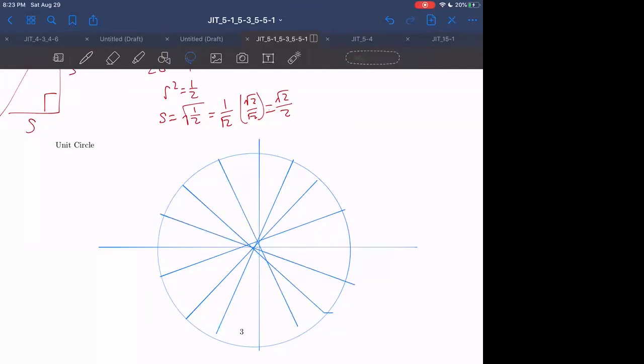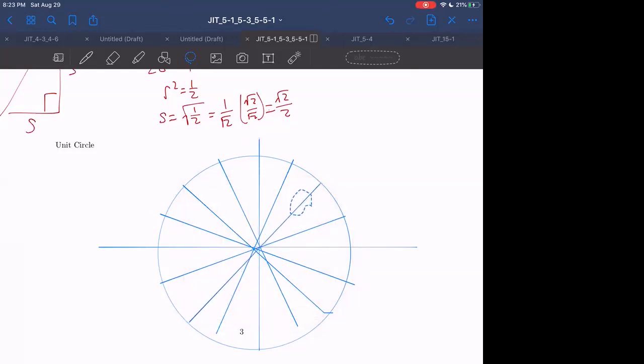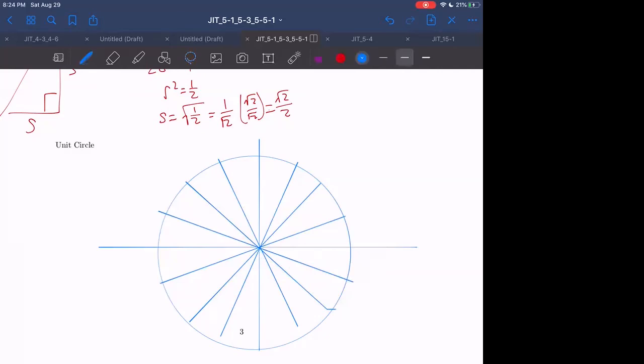Okay, let me adjust just a little here. That's good enough.